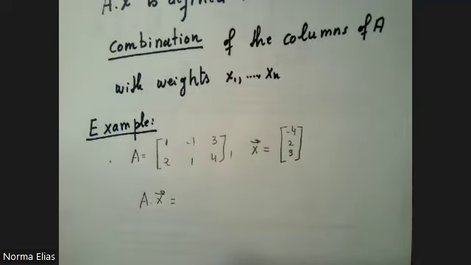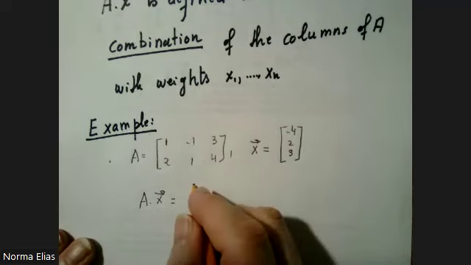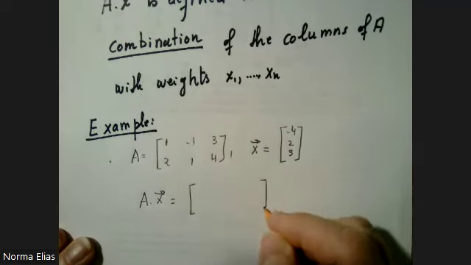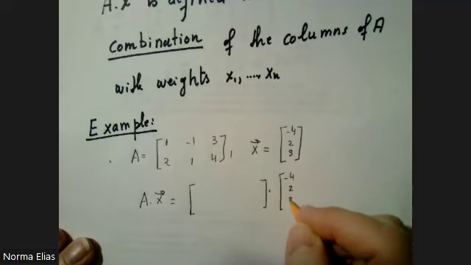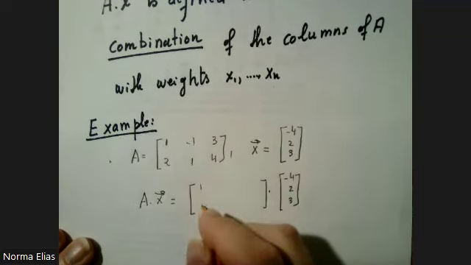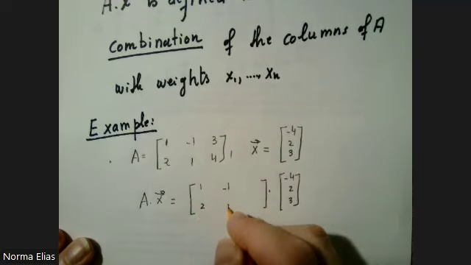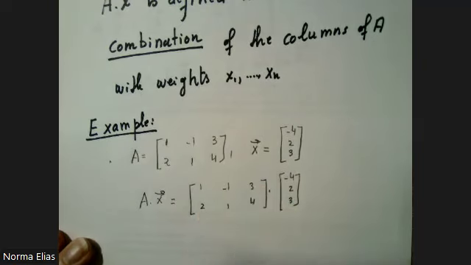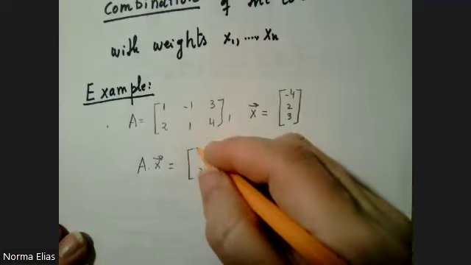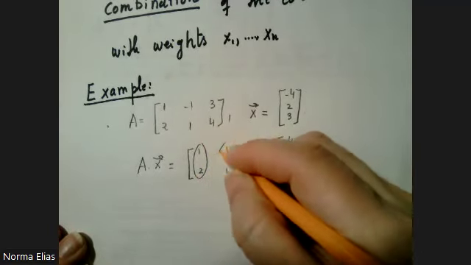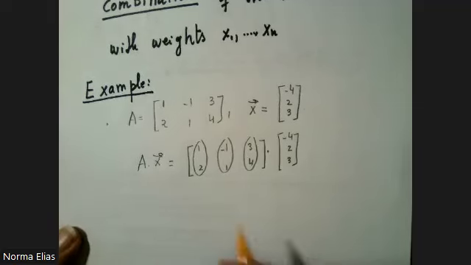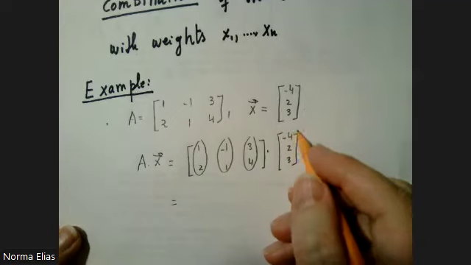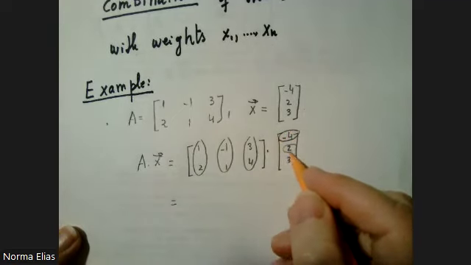A times x is a vector. It's defined as follows. That's our definition. This is A, and this is x. So this is A1, that's A2, and that's A3. A times x is the linear combination of those. But what are the weights? The weights are the entries of x.